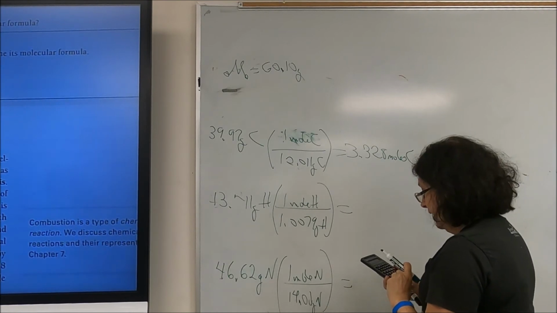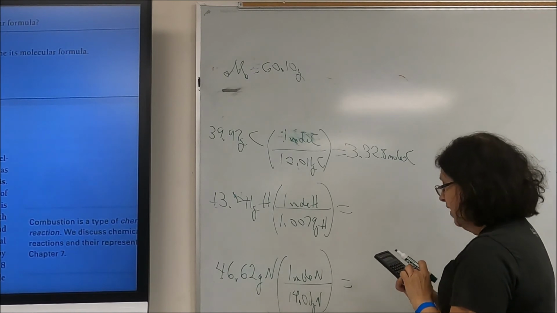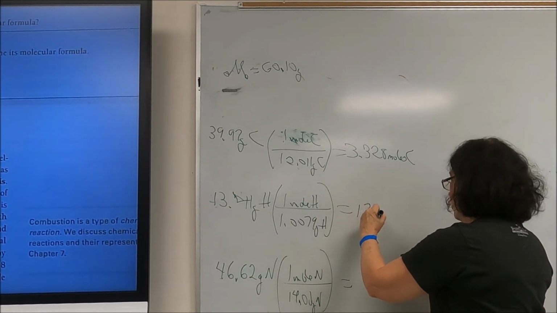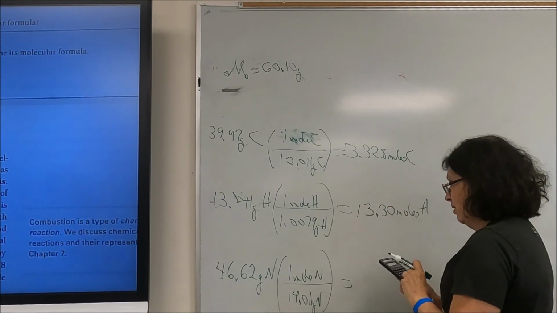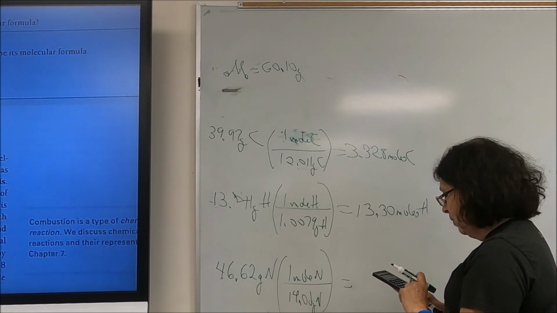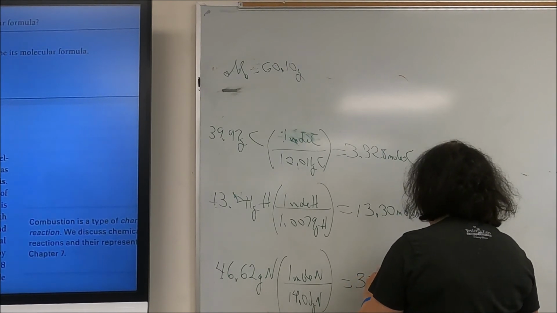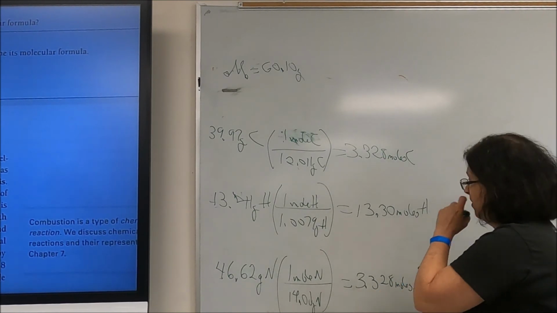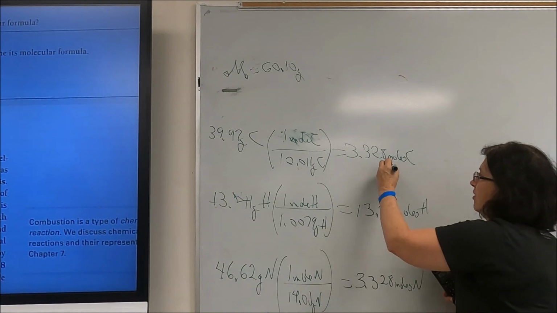And 13.41, I know my 4 is funky there, divided by 1.0079 gives us 13.30 moles of hydrogen, and 46.62 divided by 14.01 is 3.328 moles of nitrogen. Now notice 3.328 is my smallest.